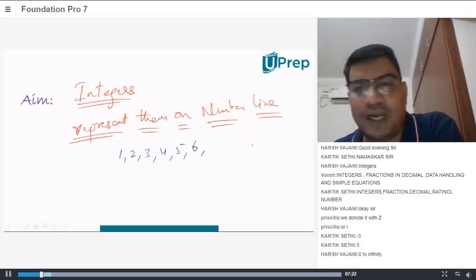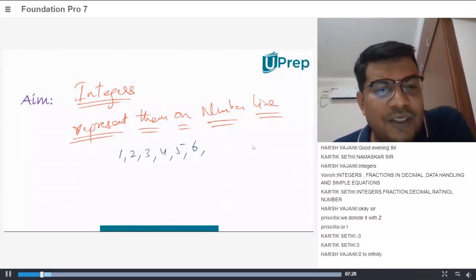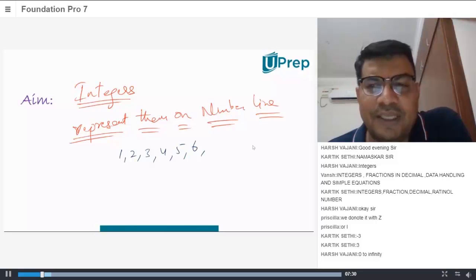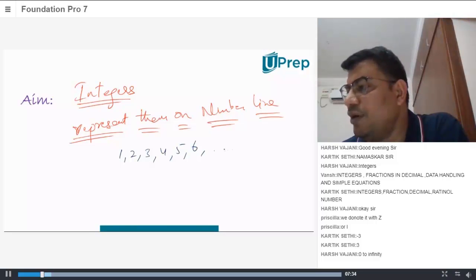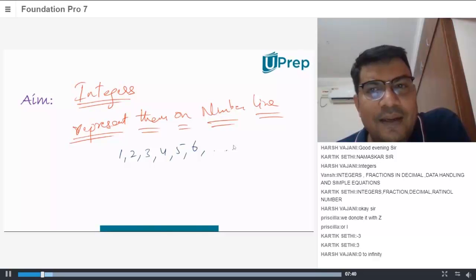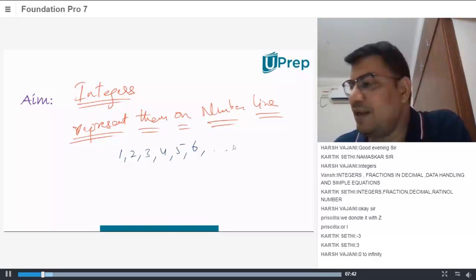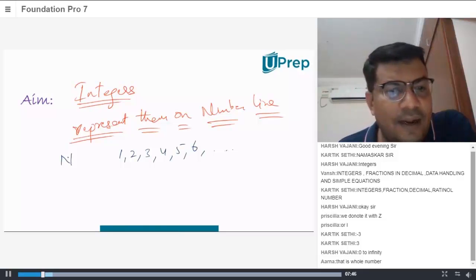All these are natural numbers. Harsh, 0 is not a natural number. They start from 1, 2, 3, and so on to infinity. So natural numbers are denoted by? Capital N. Very good.